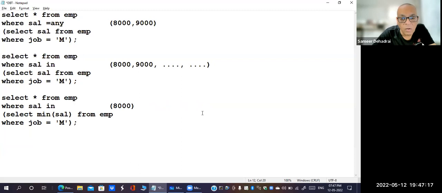It returns only one row. Then in my main query, I can directly say sal greater than equal to min of sal, which is the fastest way of doing it.